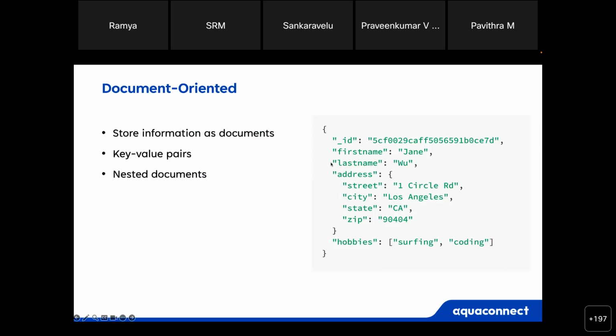If you see the image on the right side, you will see what nested documents are, because the whole JSON is a document and this document has an address document. This is called a nested document. You can store related documents within a document.